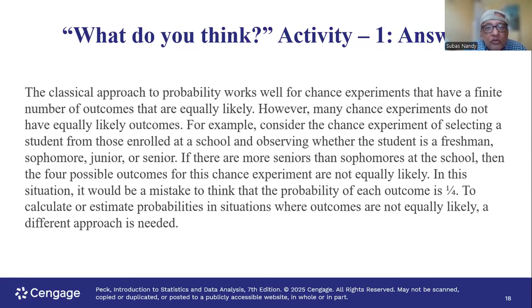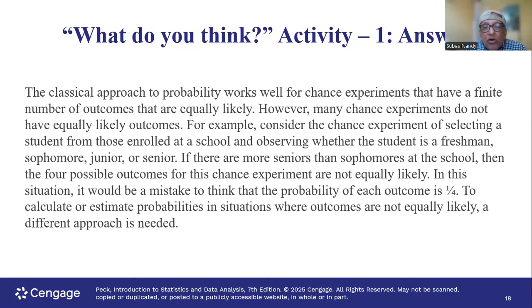The classical approach to probability works well for chance experiments that have a finite number of outcomes that are equally likely. However, many chance experiments do not have equally likely outcomes. Equally likely outcomes, you understand? Equal chance of happening. For example, consider the experiment of selecting a student from those enrolled at a school and observing whether the student is a freshman, sophomore, junior, or senior.